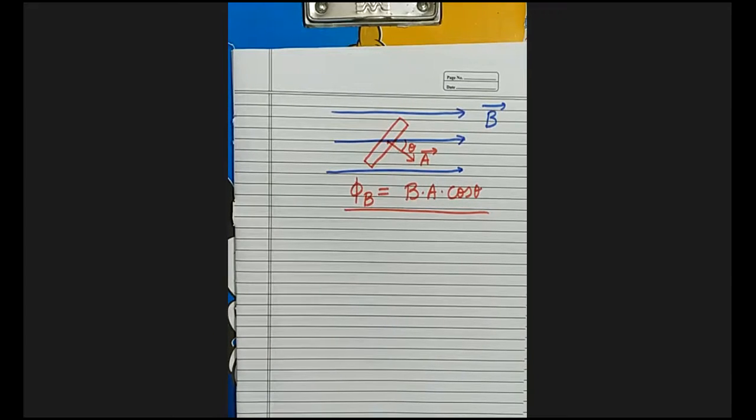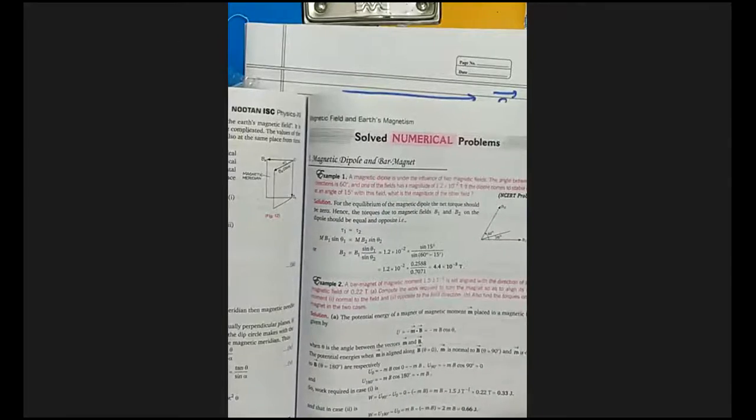Now you have to do the numericals. So you can see here numericals from your book. This is Earth's magnetic field. This is not in your course. Properties of magnetic materials, that is also not in your course.